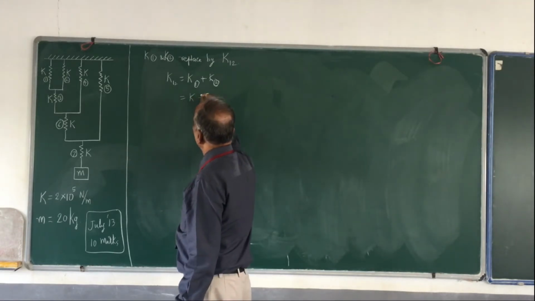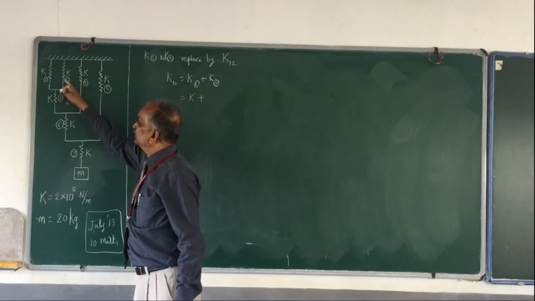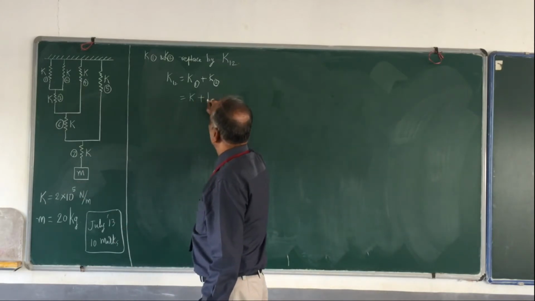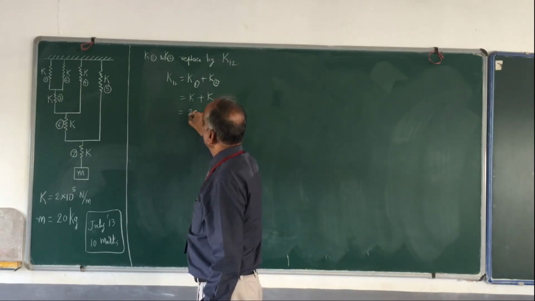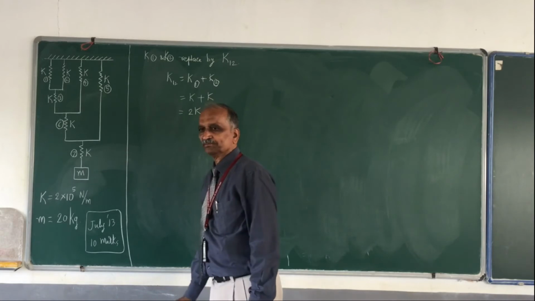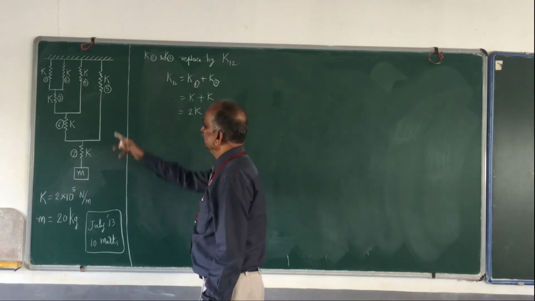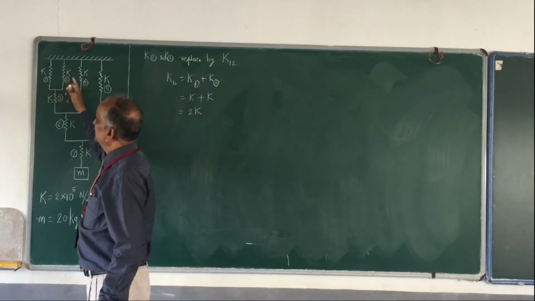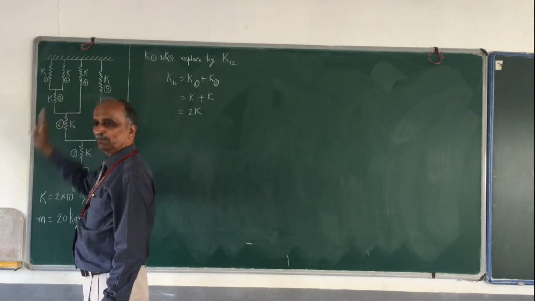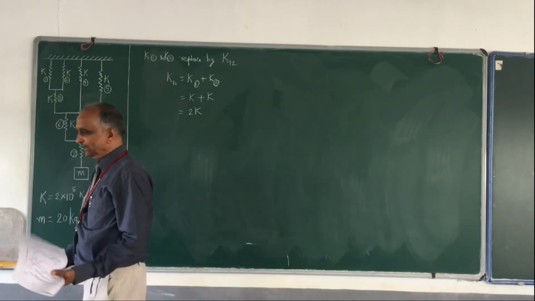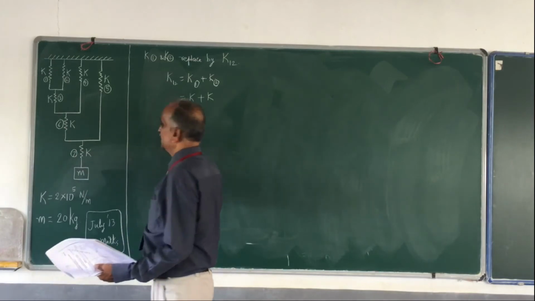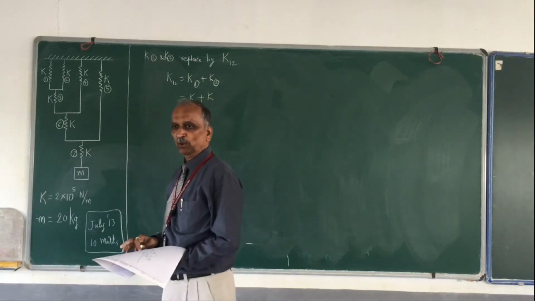K1 is K. And what is K2? That is also K. So therefore, K12 is 2K. What I mean is, this and this can be replaced by only one spring whose stiffness is K12. I hope you understand.